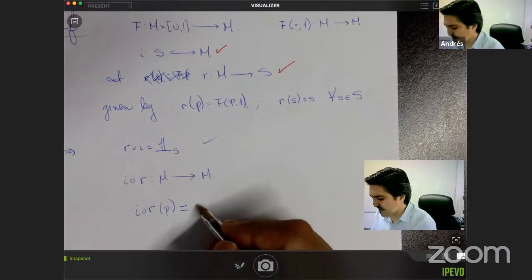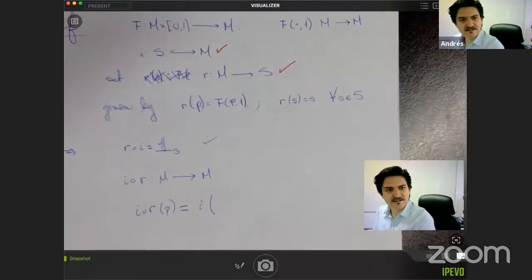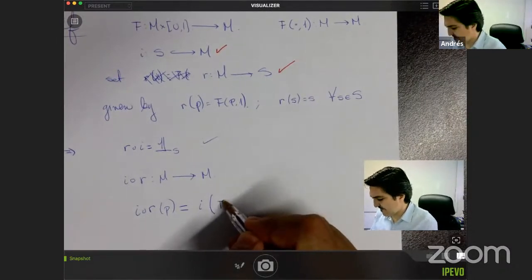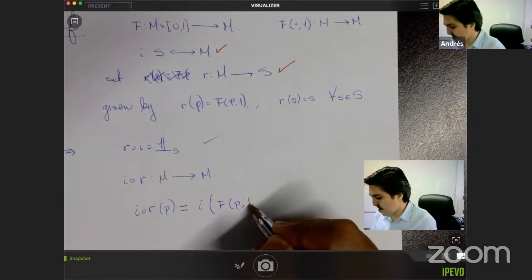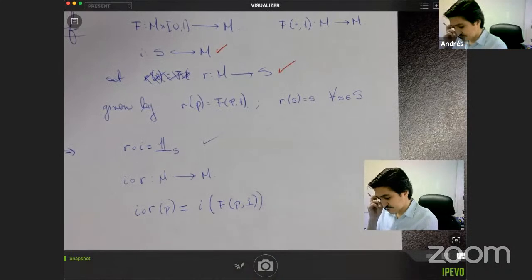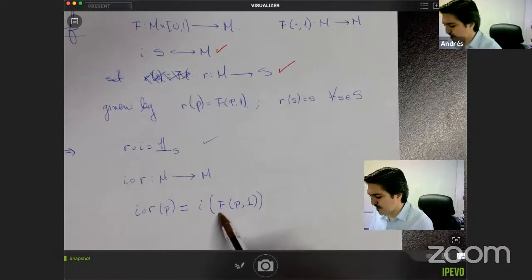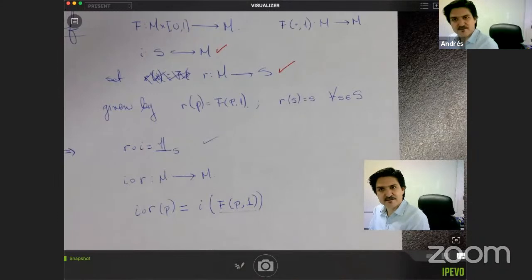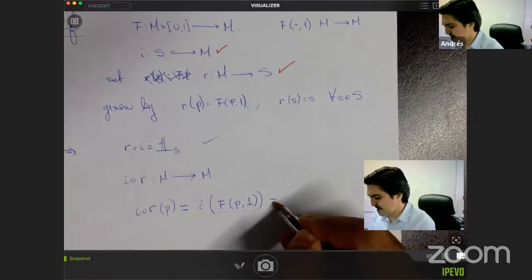So let's follow just the definition. So this is I applied to what? F of p comma 1. Okay? This point belongs to S, right? And this is equal to what?